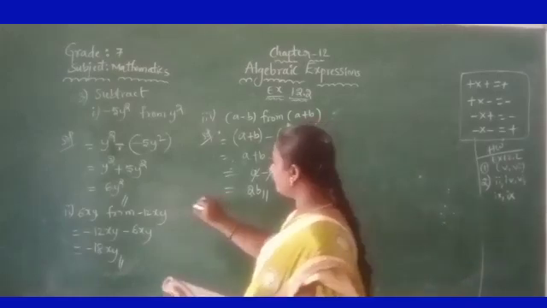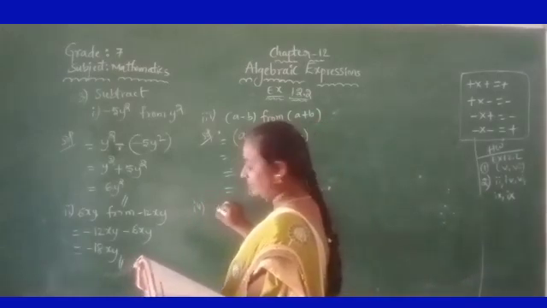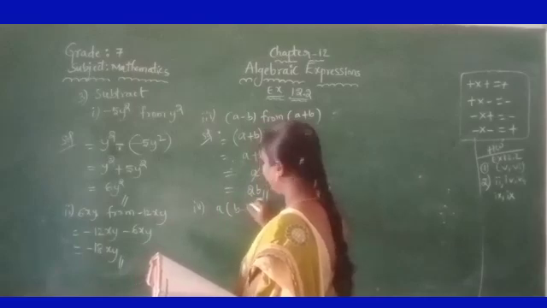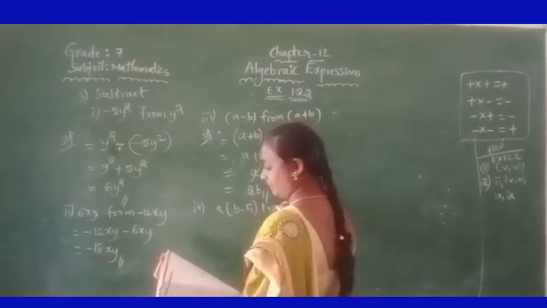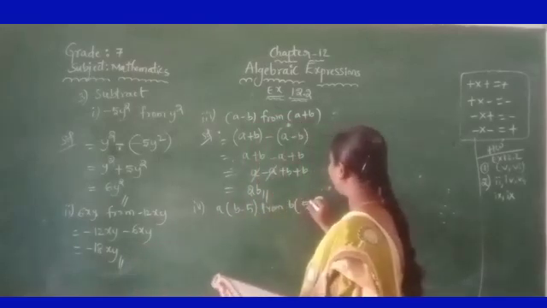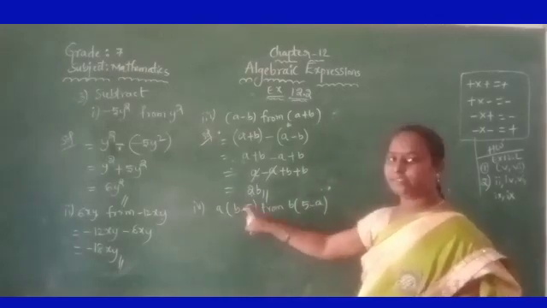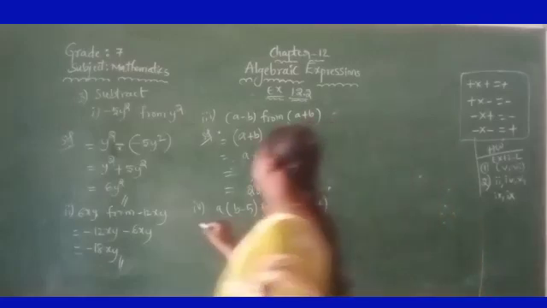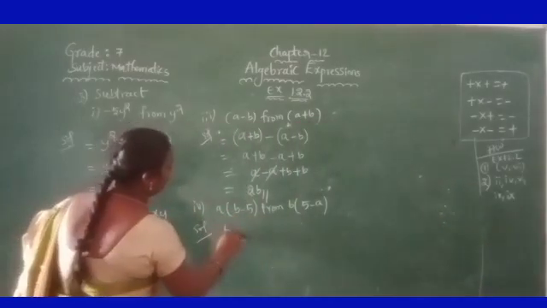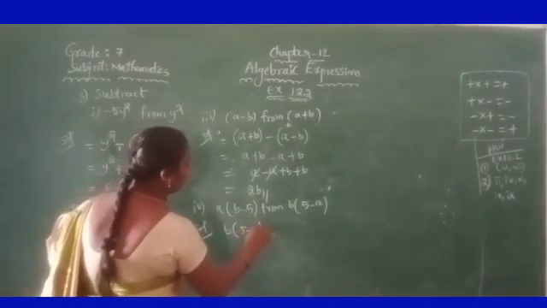Okay, so next, the fourth question: subtract a into b minus y from b into 5 minus a. Which one do we have to subtract? This one from this. Right, first expression: b into 5 minus a.